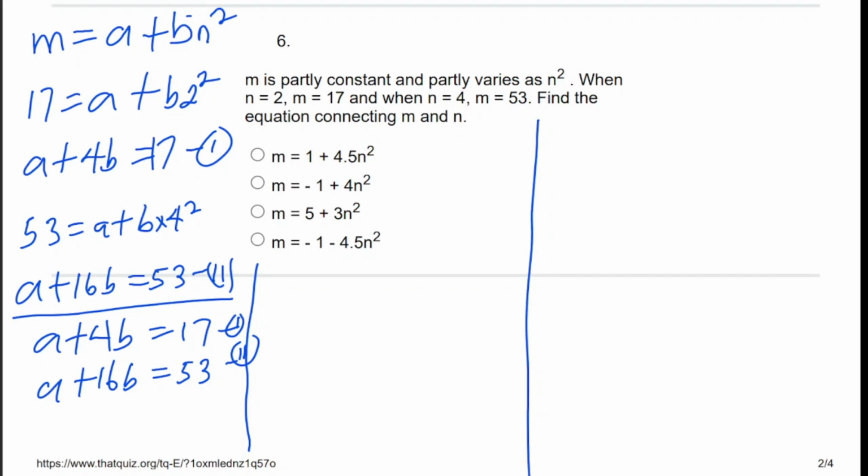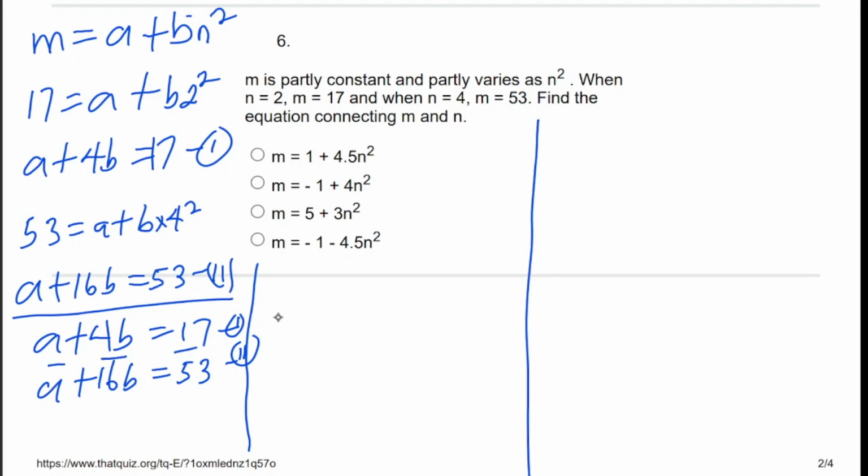Now if you look at the variables, variable a has the same coefficient in both equations, while b has different coefficients in both equations. So in that case, we can use the elimination method by subtracting, a minus a gives us 0.